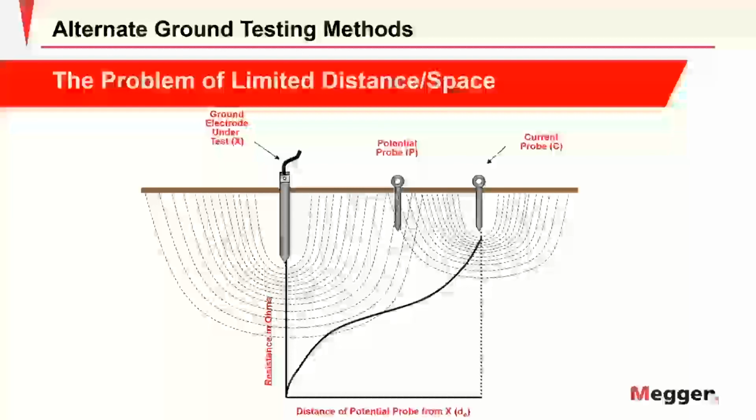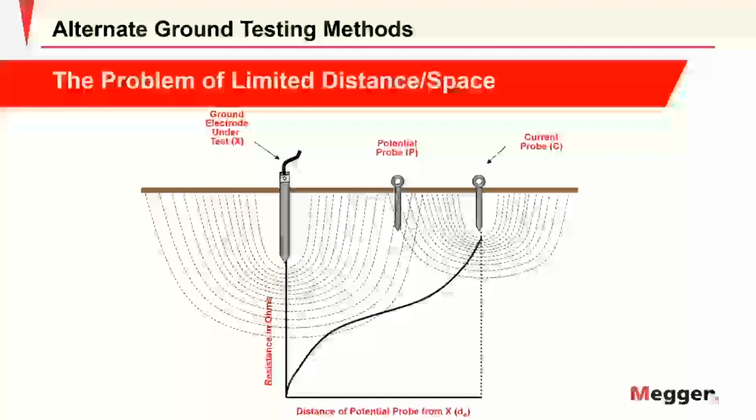Now, the ground that you're testing, the electrode that you're testing, has an electrical hemisphere around it. This is referred to in the literature as remote earth, or in other words, what is the volume of soil around your grounding electrode that is determining the resistance that fault current is going to see as it tries to go to ground.